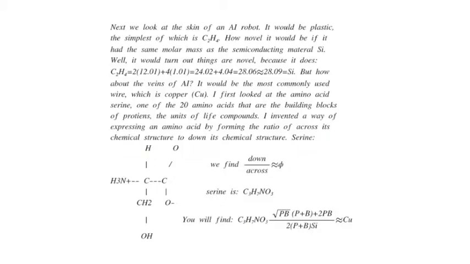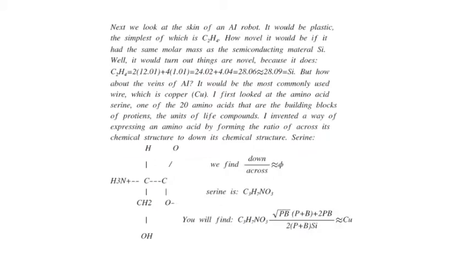Next, we look at the skin of an AI robot. It would be plastic, of which the simplest plastic is C2H4. How novel it would be if it had the same molar mass as the semiconducting material silicon, Si. Well, it turns out things are novel because it does.